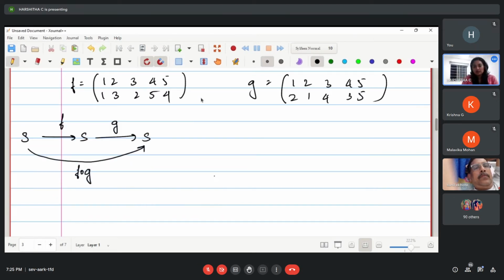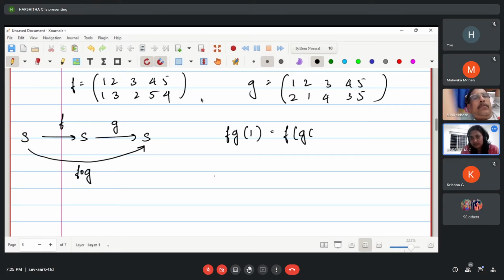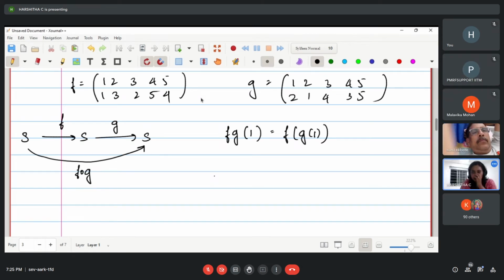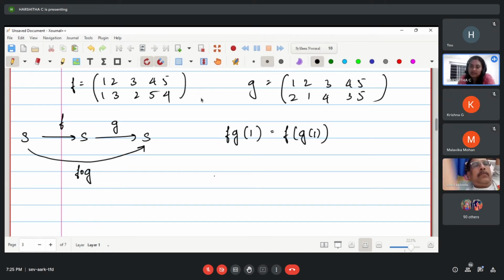What we want is that FG at any element is basically f of g of that element, right? So let's look at the image of 1. What does g do to 1? It sends 1 to 2. So it is f of g of 1, which is f of 2.